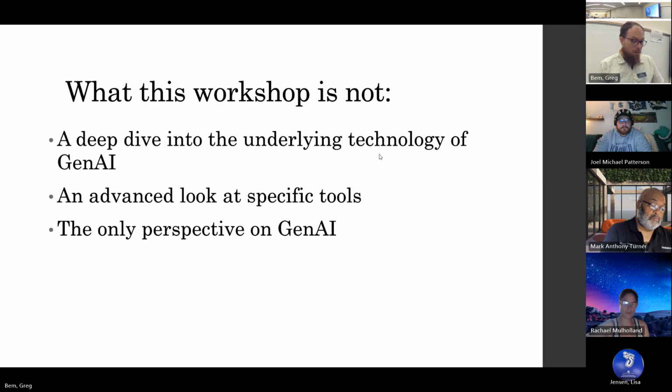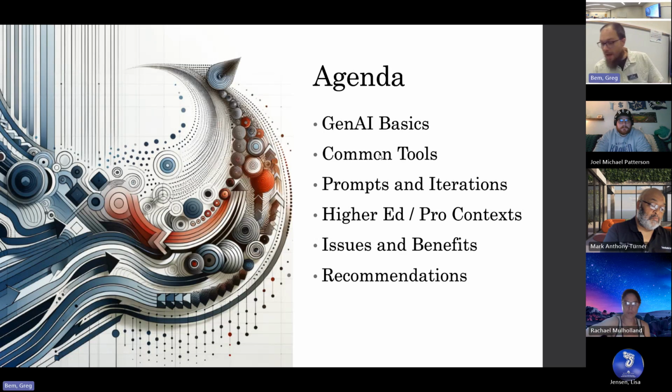Okay. So today's agenda, we only have now about 46 minutes, so we're going to be going pretty quick today, but we're going to be covering GenAI basics. I'm going to show common tools. We'll talk about what prompts and iterations are and what that means. And we're going to talk about the contexts where this technology is being used in higher education, as well as in the professional world.